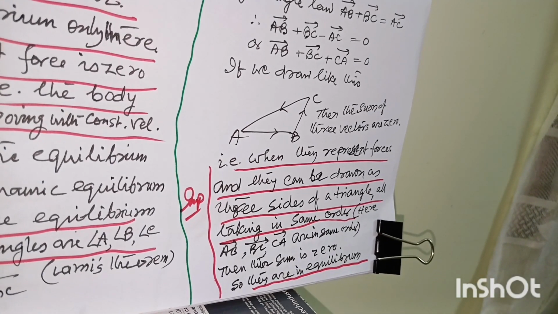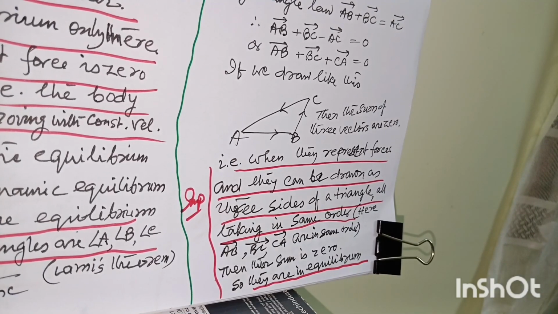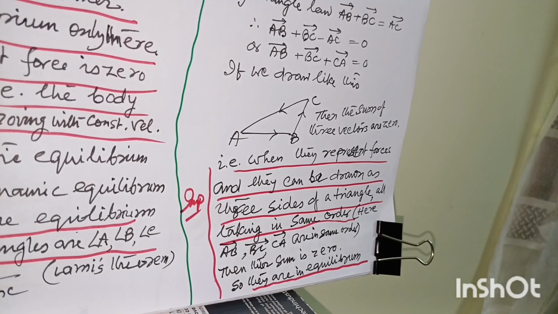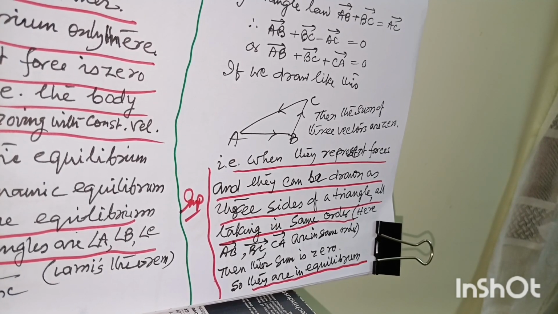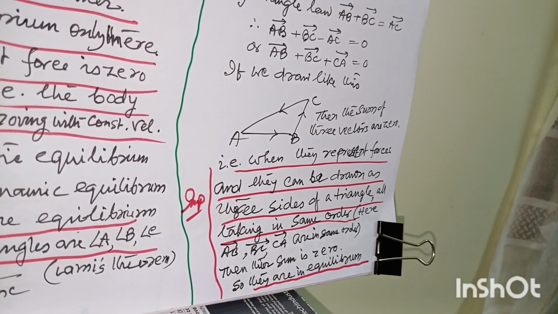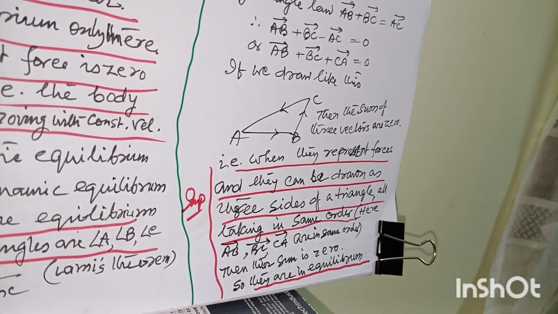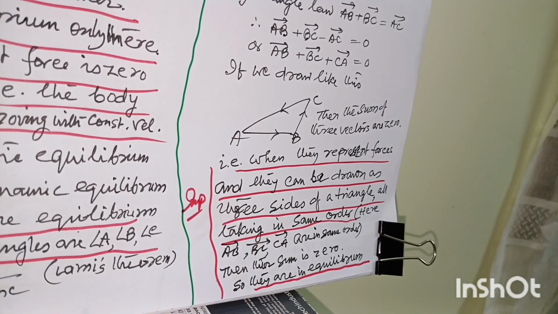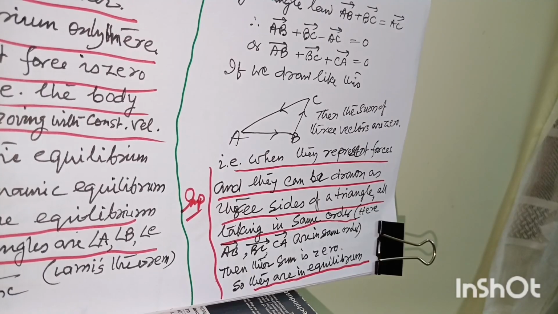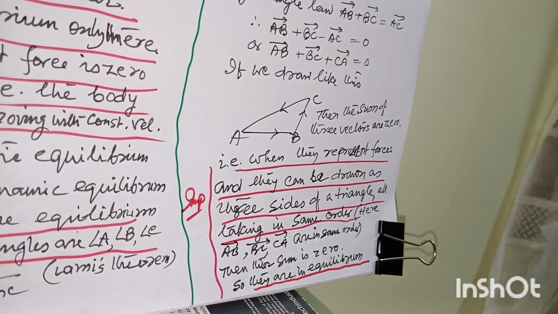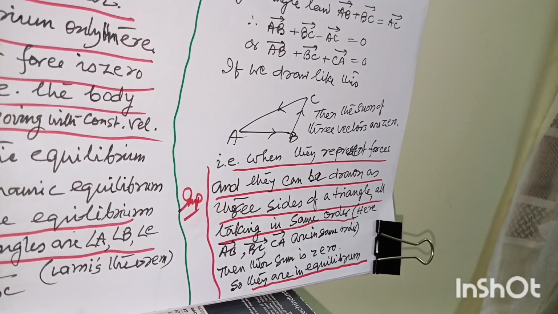That means we can say that if AB, BC and CA are three vectors which can be represented by three sides of a triangle, all taken in the same order, then they are in equilibrium. This is in the case of three forces. Similarly, we can extend this. If there are four forces, we can take a rectangle.